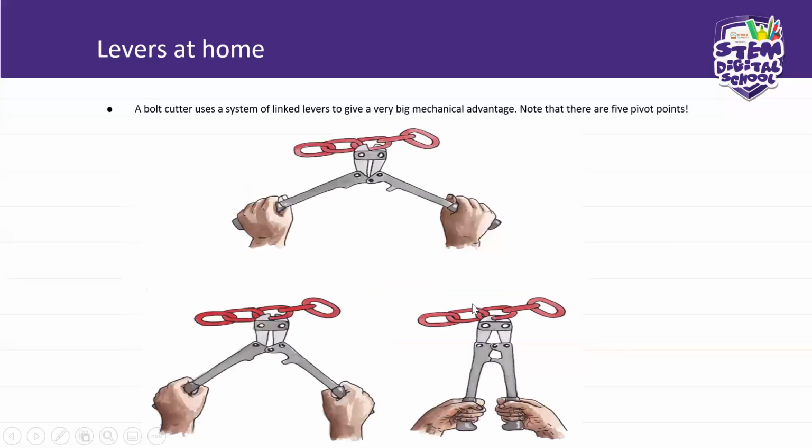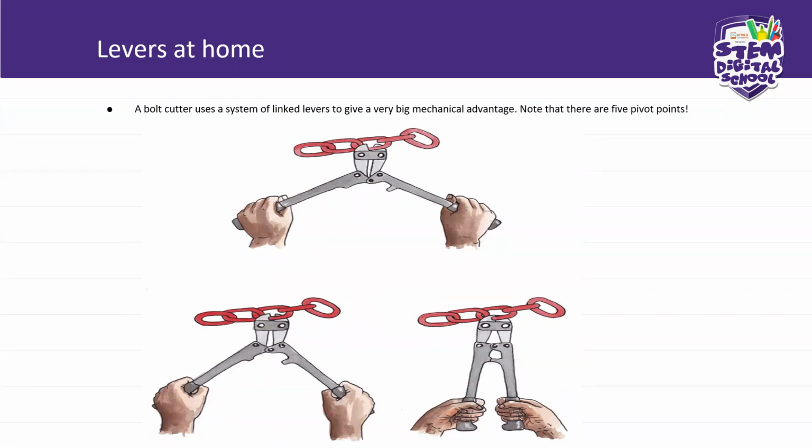Now, let's look at our environment, okay? I don't know if you have this tool at home, but me too, I don't have it. But somebody might have it, so let's look at this bolt cutter. Remember, we said the fulcrum, or pivot, is the point at which the lever turns.